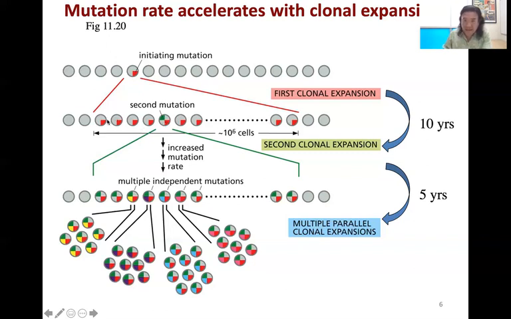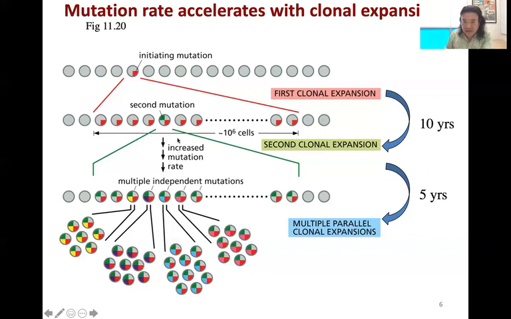So what does that mean? That means now there's a much greater chance that one of these cells that is already carrying that red mutation gets a second mutation randomly. And that second mutation might do something like further increase the proliferation rate, or this might be a mutation that is now releasing the brakes, for example, a mutation in a tumor suppressor gene.